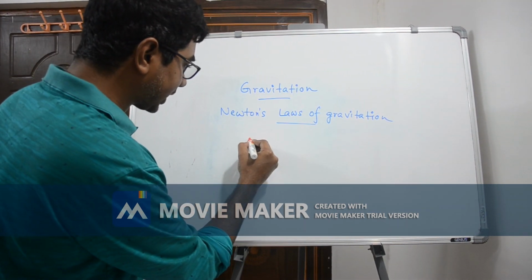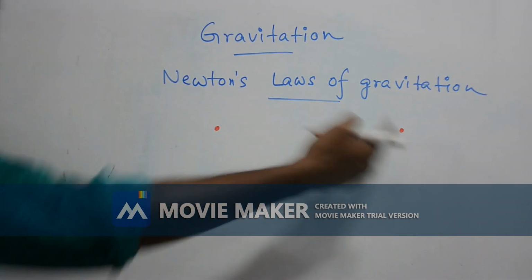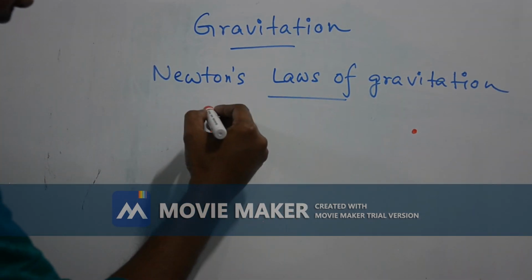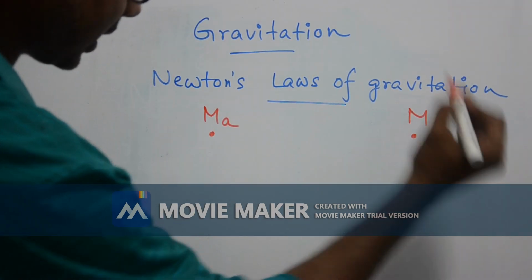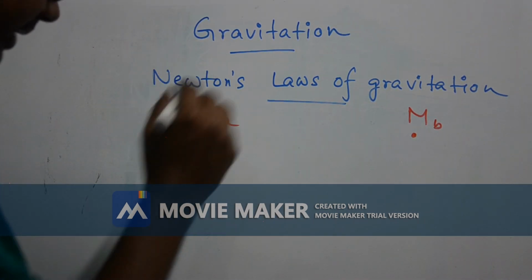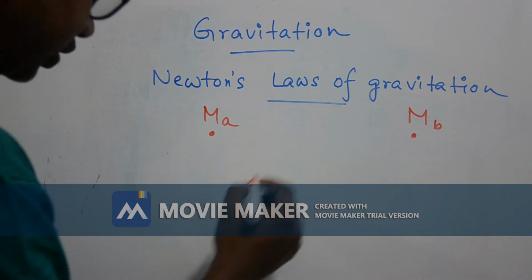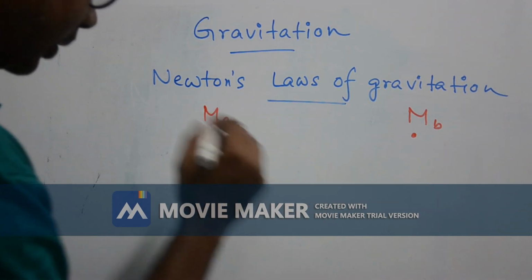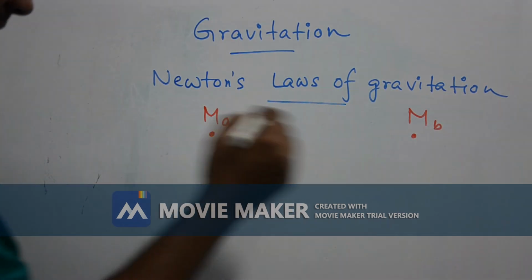Let's say there are two such point objects which I have shown as these two red dots. The first one has a mass, say Ma, and the second one has a mass, say Mb. Then Newton's laws of gravitation say that there are actually two forces which will come into play. I am writing both of them.